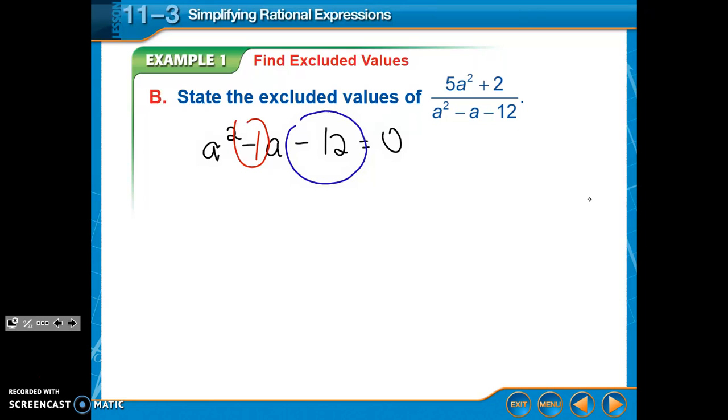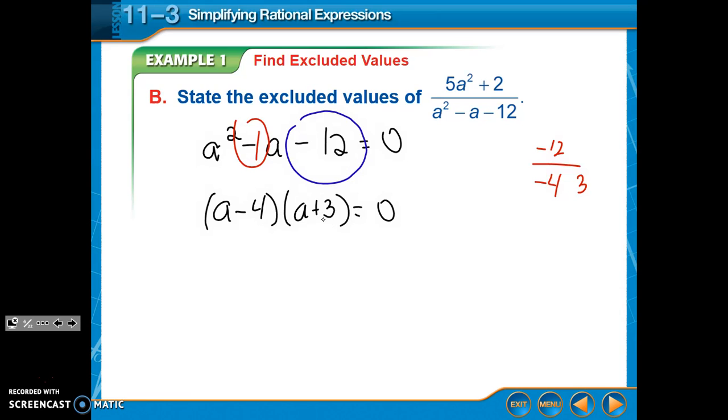Okay, so if I'm thinking what multiplies to negative 12 and adds to negative 1, it's going to be negative 4 and 3. Okay, so I can write this as a minus 4 times a plus 3 equals 0. And that would give me this same equation up here.